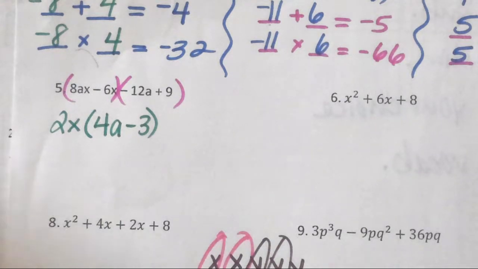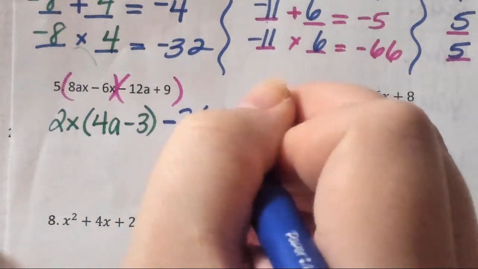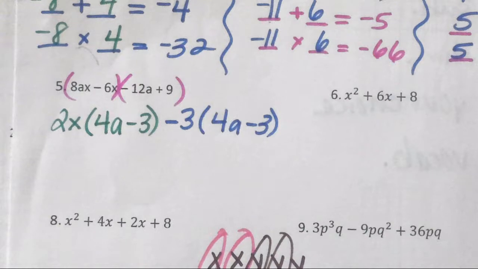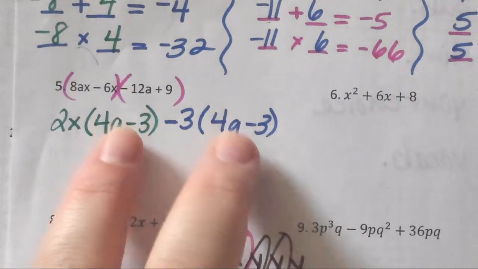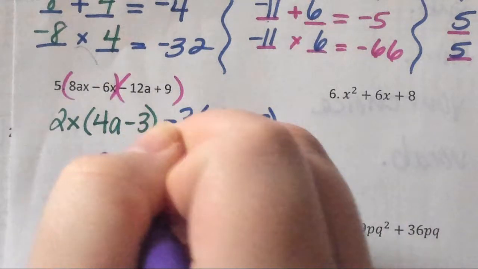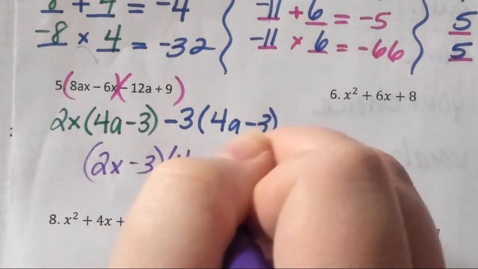I could pull out a negative 3. And I would be left with a 4a minus 3. And I'm happy because these two terms match. So my final answer is 2x minus 3 times 4a minus 3.